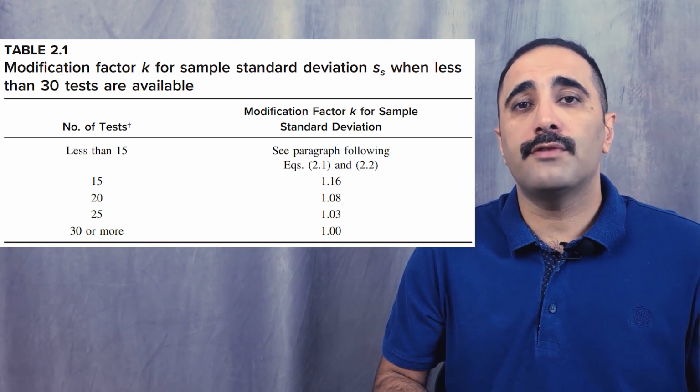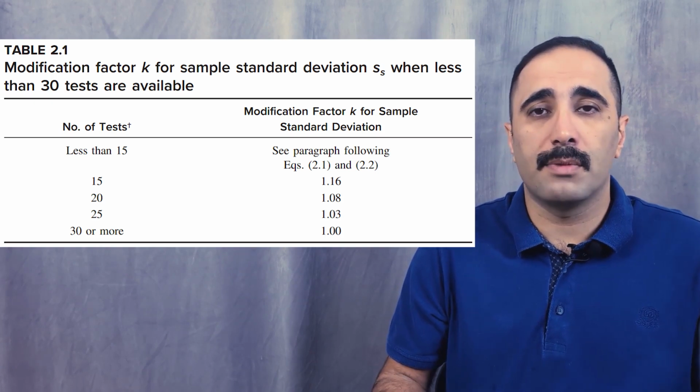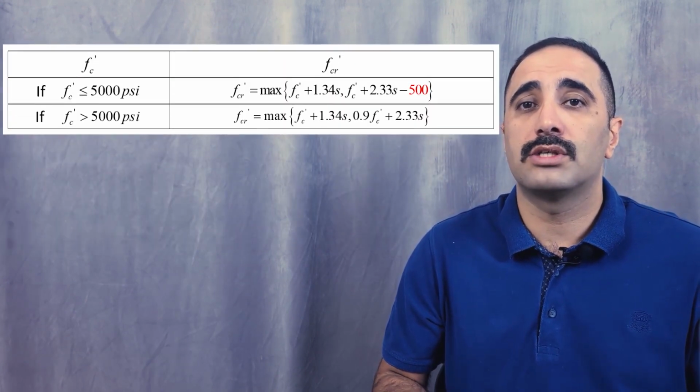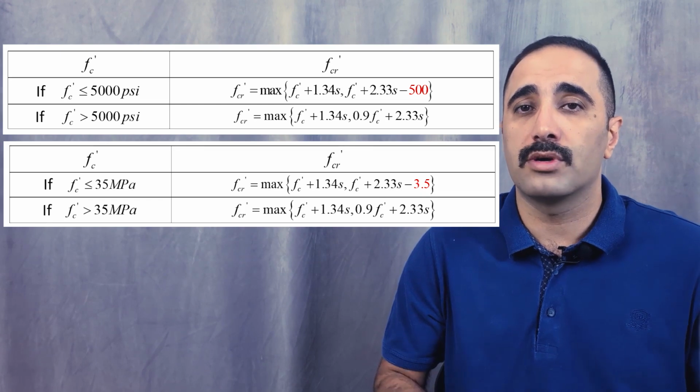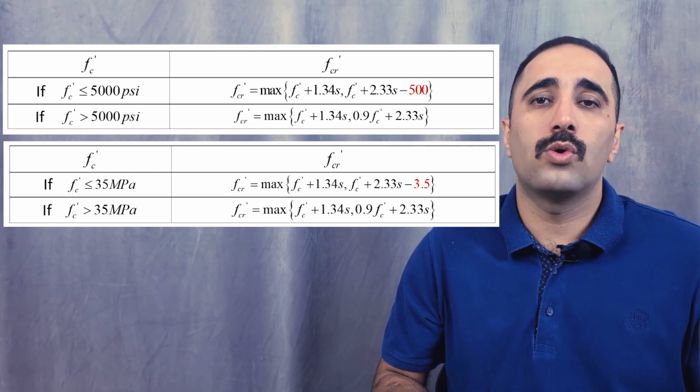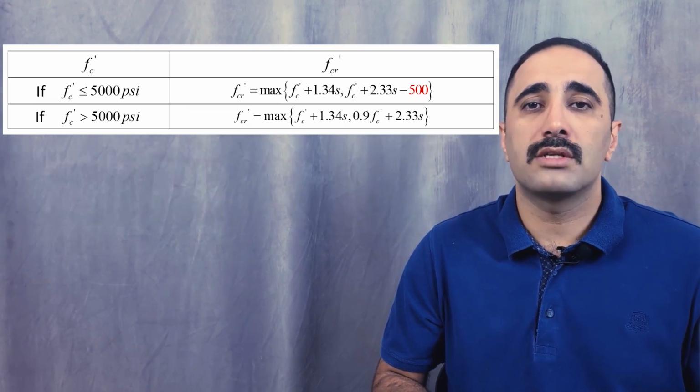We should interpolate for values in between in this table. After modifying the standard deviation, we apply the same target strength equation as for 30 or more results. This conservative adjustment ensures we don't underestimate the required safety margin.